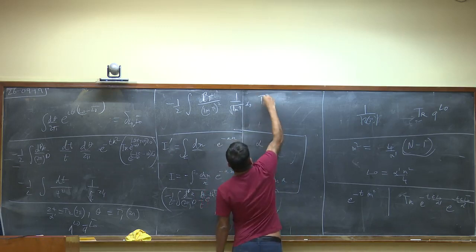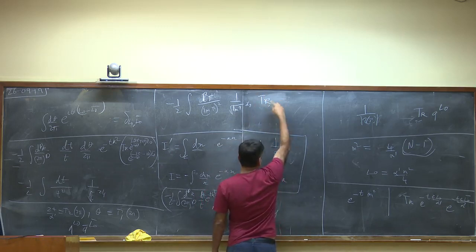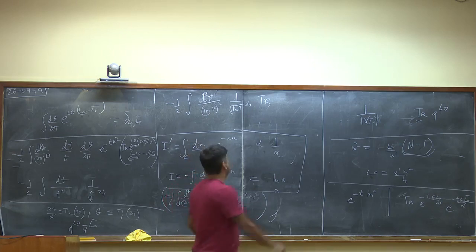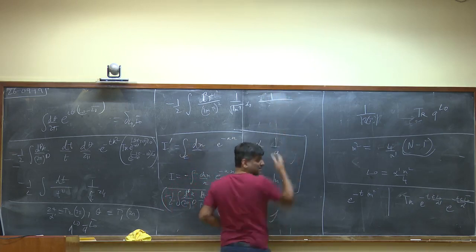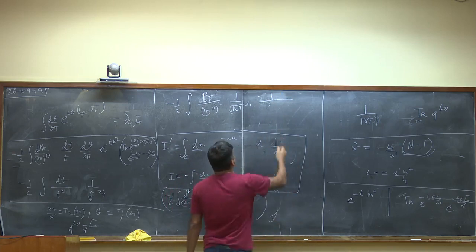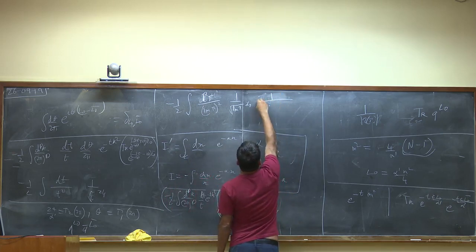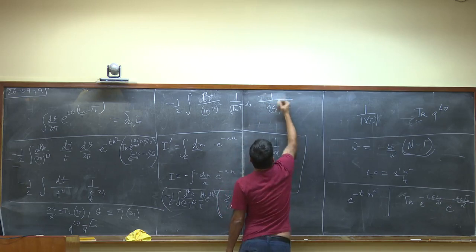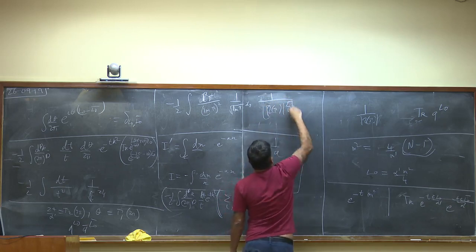And then the trace over light cone oscillators of q to the power L0, q bar to the power L0 bar is simply eta to the power 24, tau eta mod squared to the power 24.